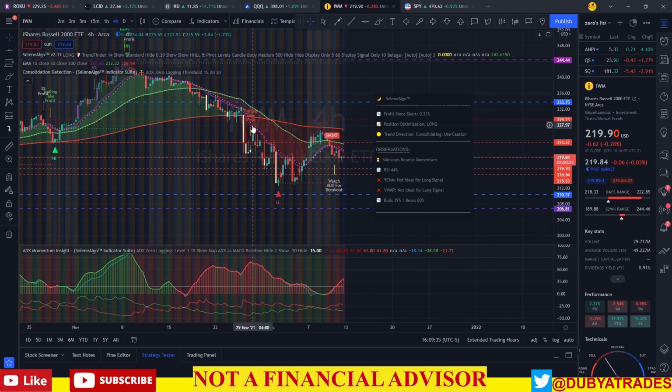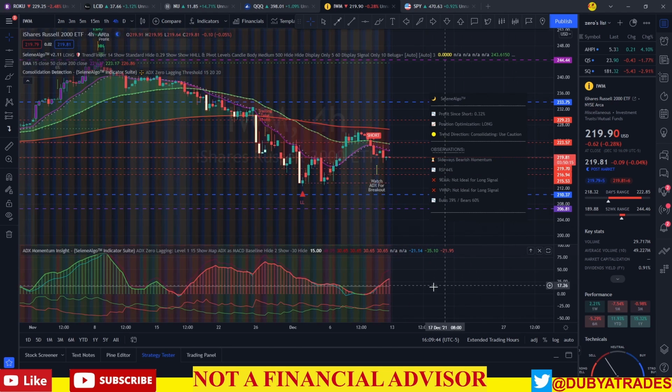We can see once it broke under that 200, it came back up and tested the 200 again and got rejected. And the ADX is showing a lot of bearish momentum. So look for this to probably come on down at least to touch and test this area here.